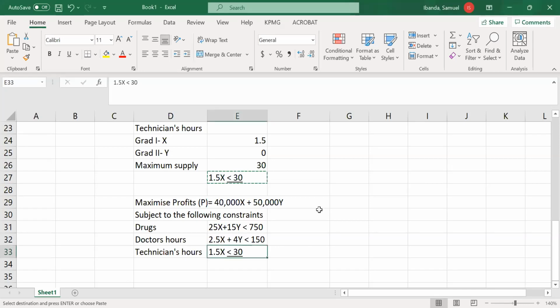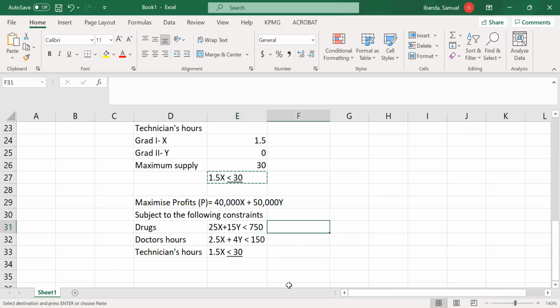So what I was trying to explain is that since these are equations, we can modify them into simpler terms, okay? For example, when it comes to this equation, we can simplify it since most of these numbers are multiples of 5. 25 is a multiple of 5, 15 is a multiple of 5, 750 is a multiple of 5.